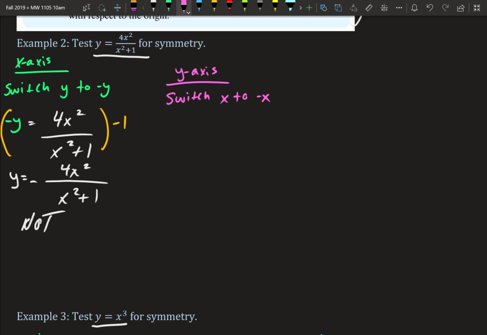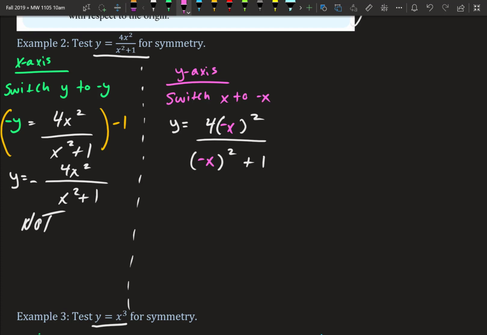All right, so let's switch our x to negative x. So in the given equation, every single x is going to become negative x. So we have y equals 4 times parentheses, negative x, squared over parentheses, negative x, squared plus 1. You notice every time I say x, I put parentheses. Then I go back and put my negative x.